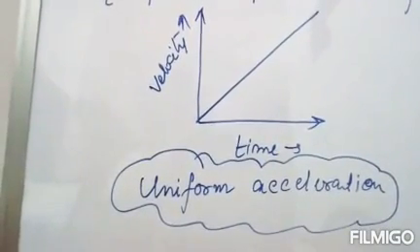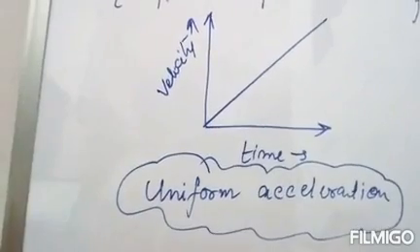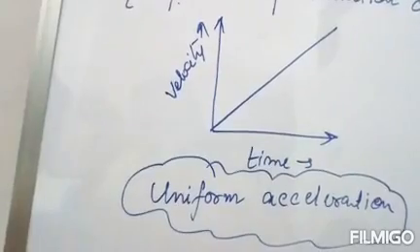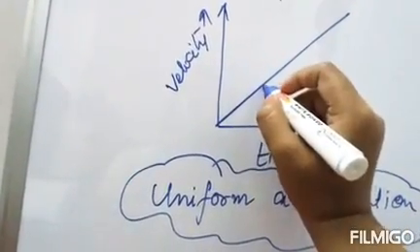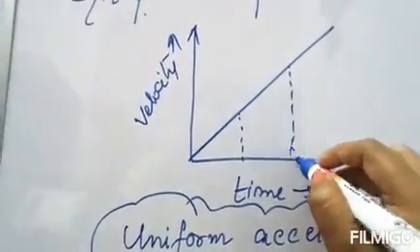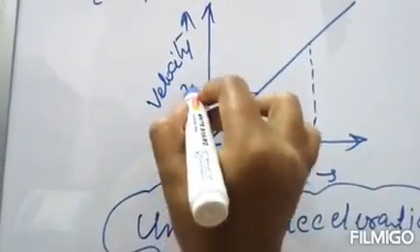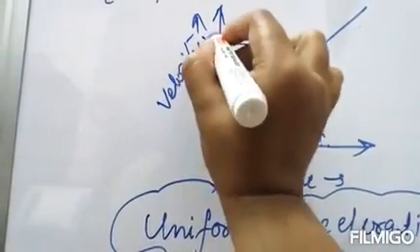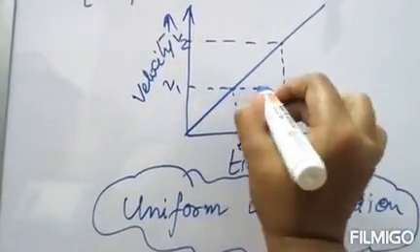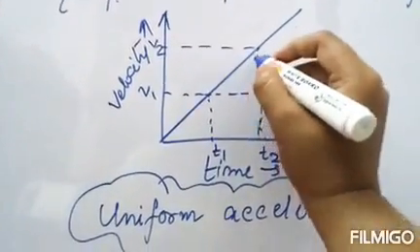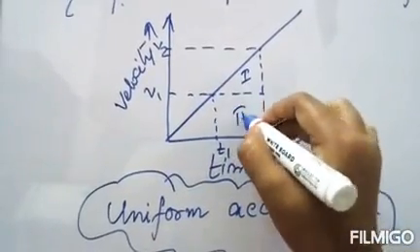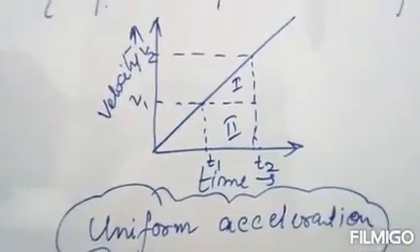And at any point, if you want to find out the distance covered by the body, again we will be finding out the area covered by the graph. Suppose this is V1 and this is V2, and this is T1 and T2, then we can see this is one area of a triangle and area of a rectangle or square, as the case may be.